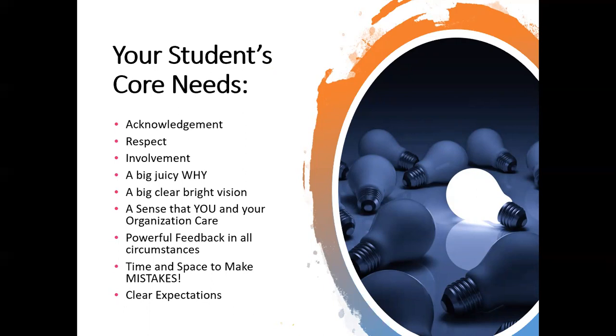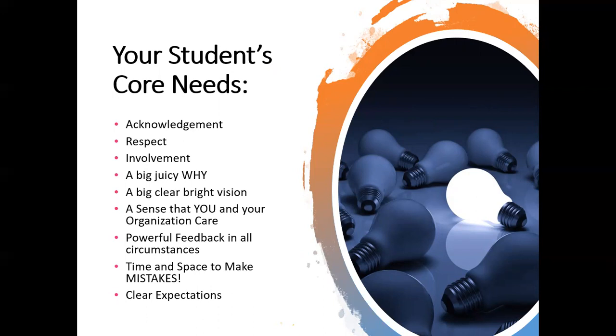So how do we hook people, get them engaged? Well, we need to be able to meet learners' needs. So the first thing we want to do is we want to definitely give our learners lots of acknowledgement. Okay, so let's read through the list. We've got acknowledgement, we got respect, we got involvement. We want to meet their need of a big, juicy why. We want to help them create a big, clear, bright vision.